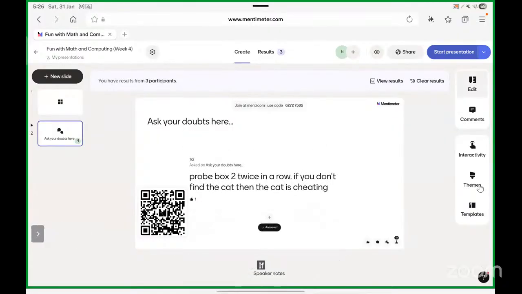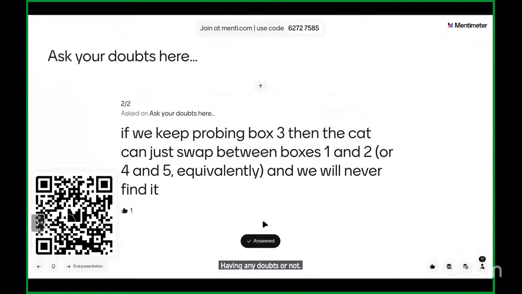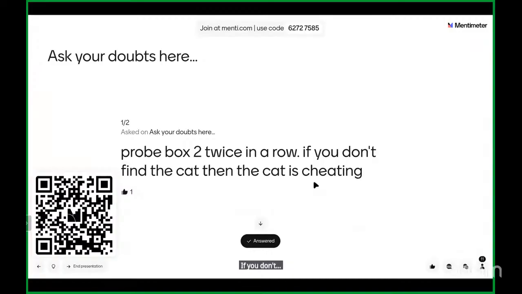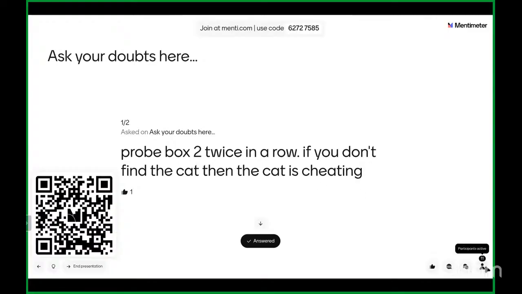If you want, I can repeat. It will be nice if you can interact, because only then can I understand if you are having any doubts or not. If you don't type anything, then I'll just assume that you have understood this. Should I repeat this if you have not understood? You can write repeat as well, and I can repeat.